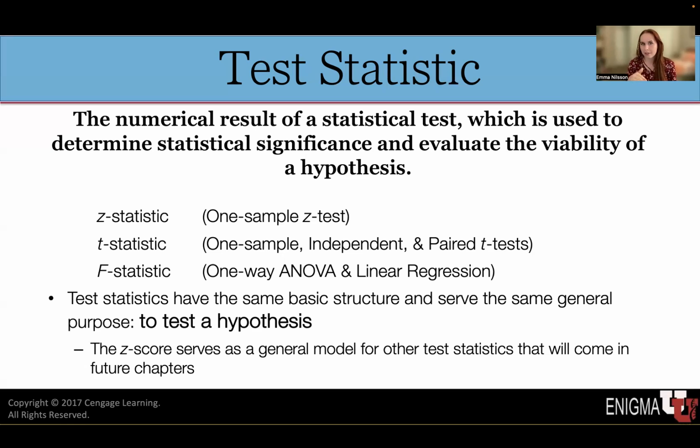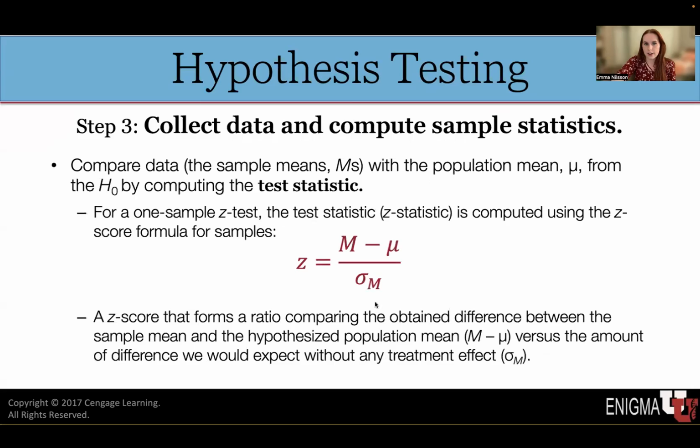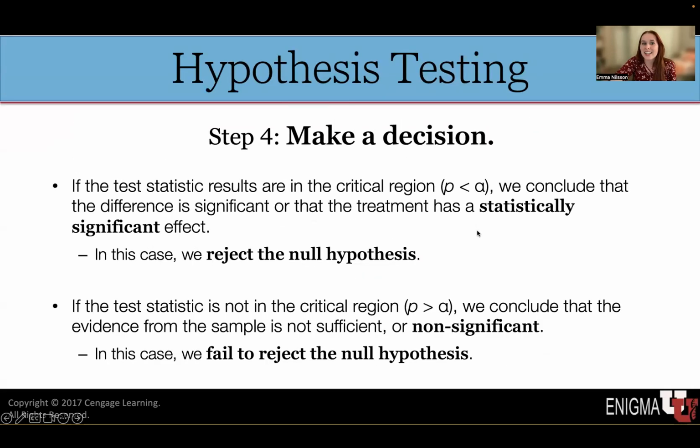just test a hypothesis. So step 4, after we've done all this, is we need to make a decision. If we make our Z statistic, this guy right here, and we find that it's in the critical region, it's outside those bounds that we've decided in step 2, then we're going to conclude that the difference is significant and that the treatment has a statistically significant effect, and then we can reject the null hypothesis.